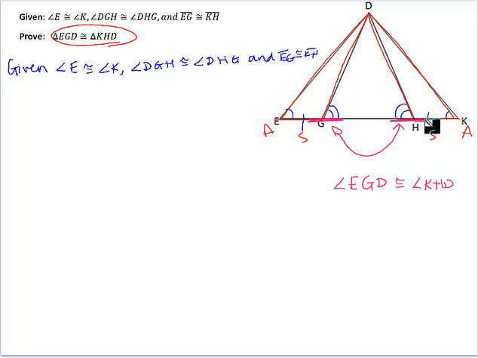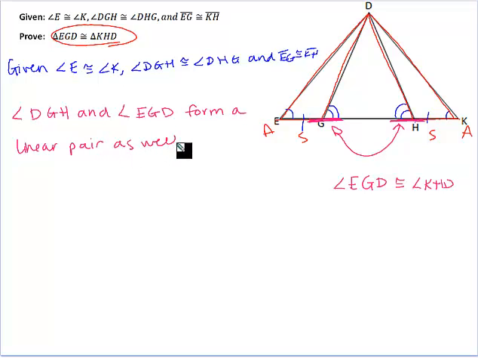So we wrote down our given information, and then we can say angle DGH and angle EGD form a linear pair, as well as angle DHG and angle KHD.